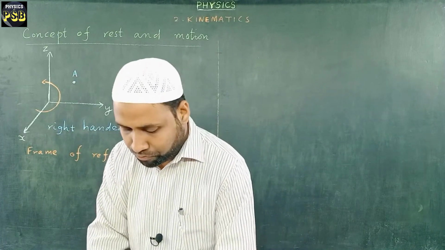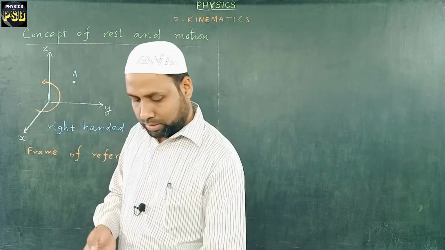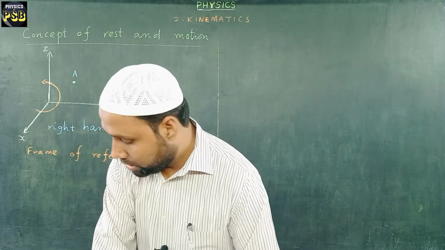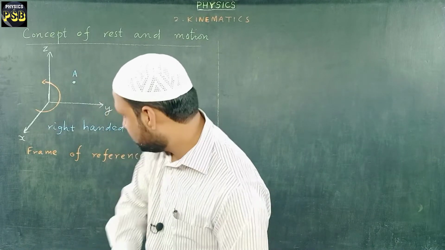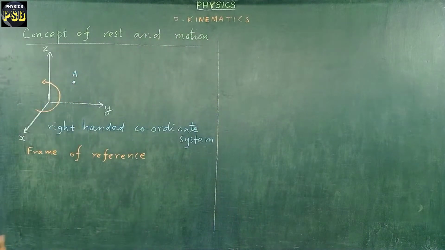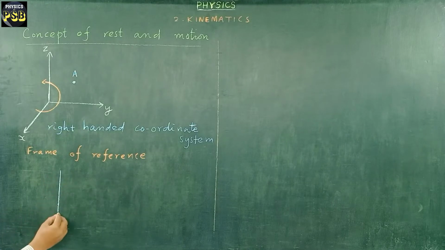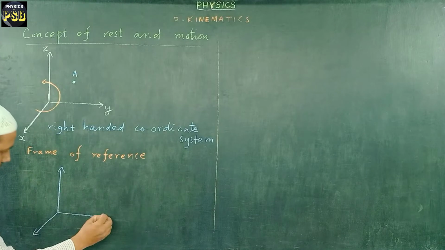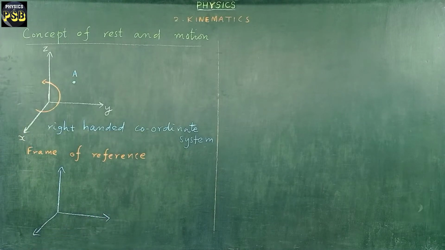Now suppose I have a coordinate system which appears something like this. 3 axes acting mutually perpendicular to each other.